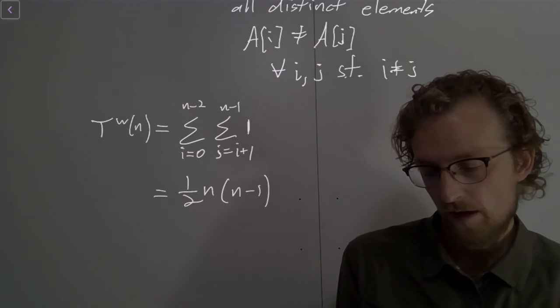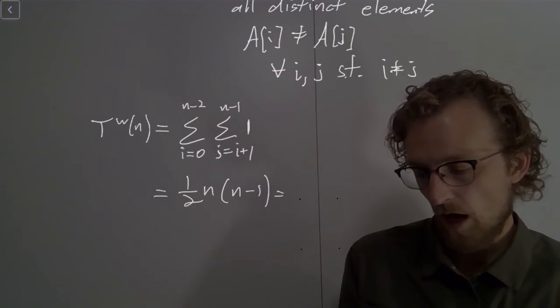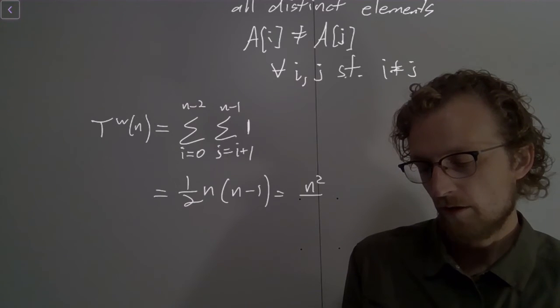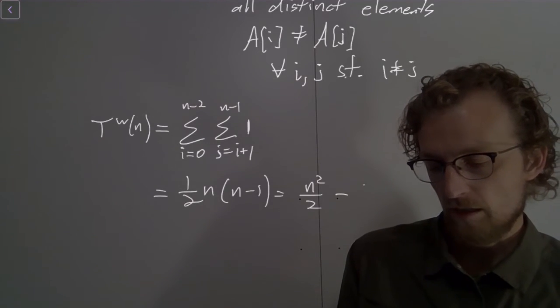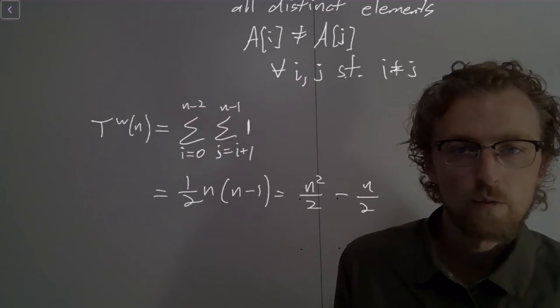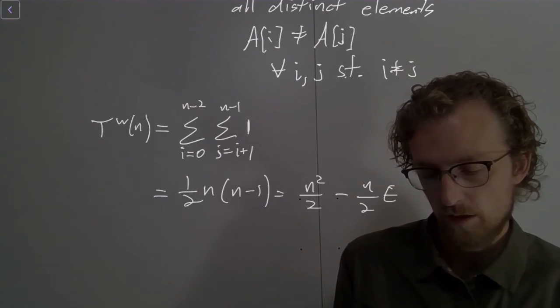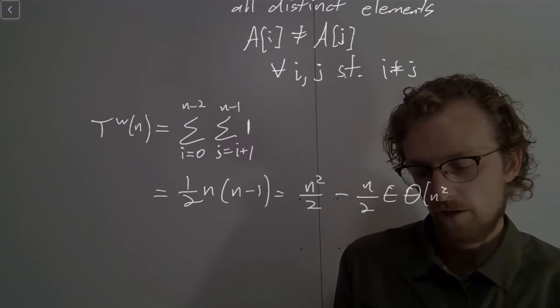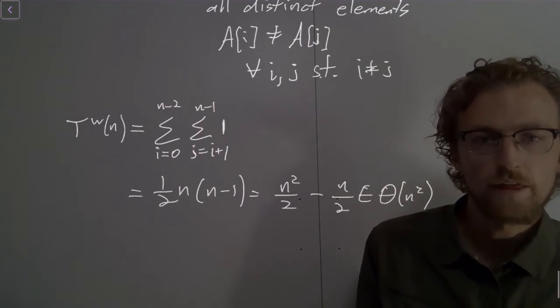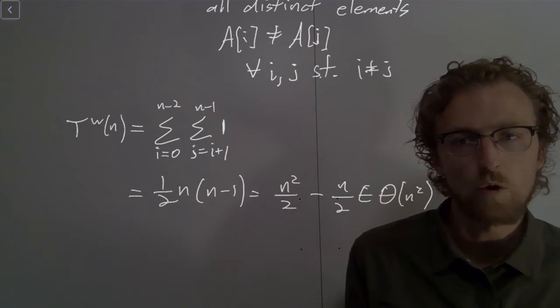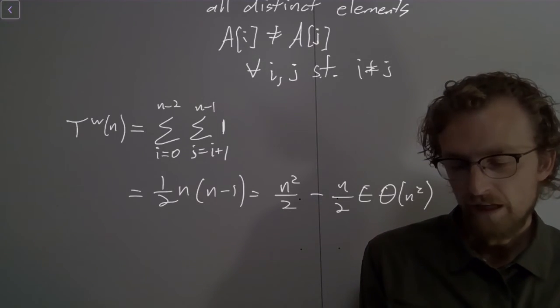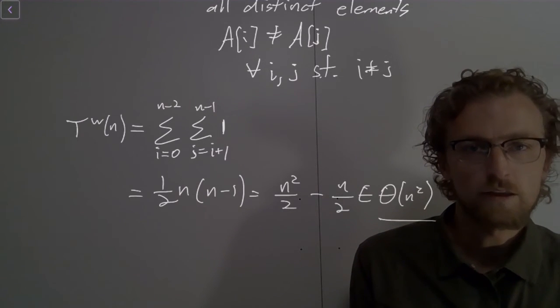Which, if I simplify even further, I get n squared divided by 2 minus n divided by 2. And what's the running time here? That's big theta of n squared, or that's the order of growth. So this is big theta of n squared, and there's our answer. So our worst case running time is quadratic in the length of the input.